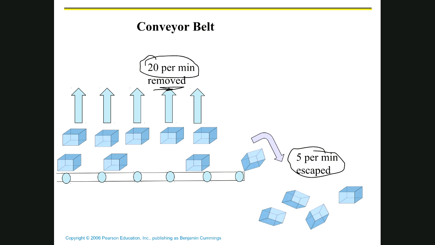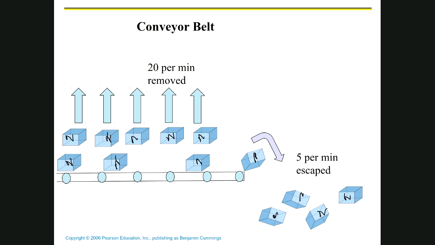So what if it's not boxes? What if it's sodiums? So this is a sodium, this is a sodium, this is a sodium, and so on. These are all sodiums. Well, they're going through that tube. And I have carriers, but the carriers can only remove 20 sodiums per minute.